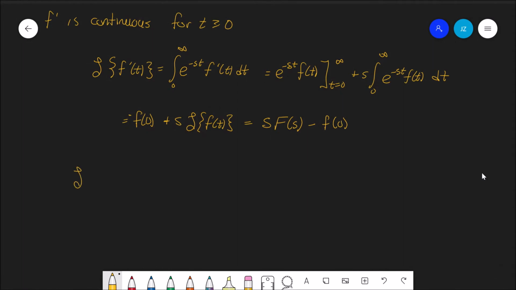If we now look at the Laplace transform of f double prime of t, it's going to follow a similar format. So we have the integral of e to the negative s t f double prime of t dt.